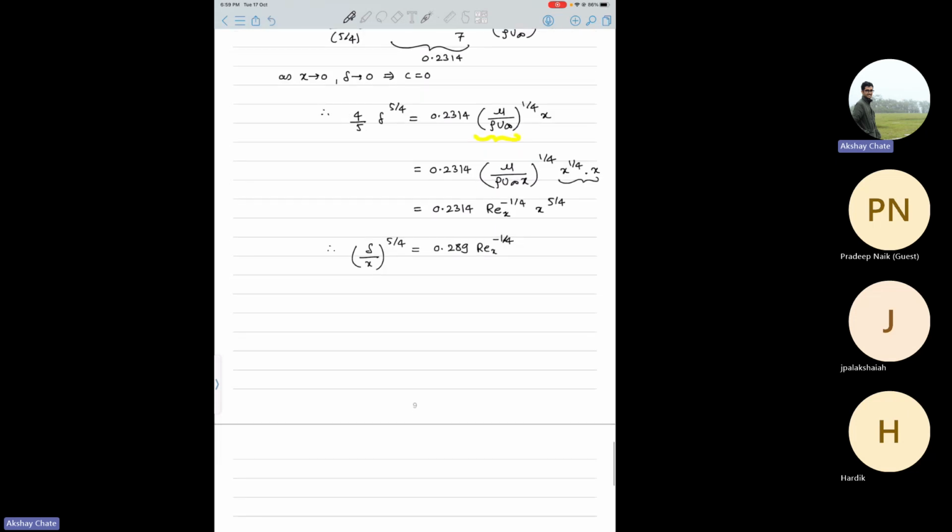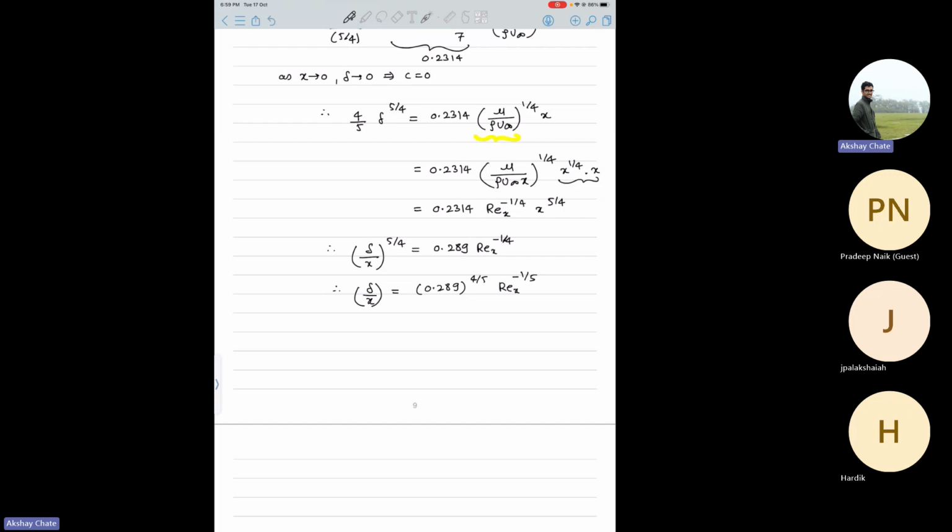And then what you do, basically you do this delta by x equals 0.289 power 4 by 5, and this will become Reynolds number minus 1 by 5. This is just a manipulation of powers, so the constant will change, that's it.